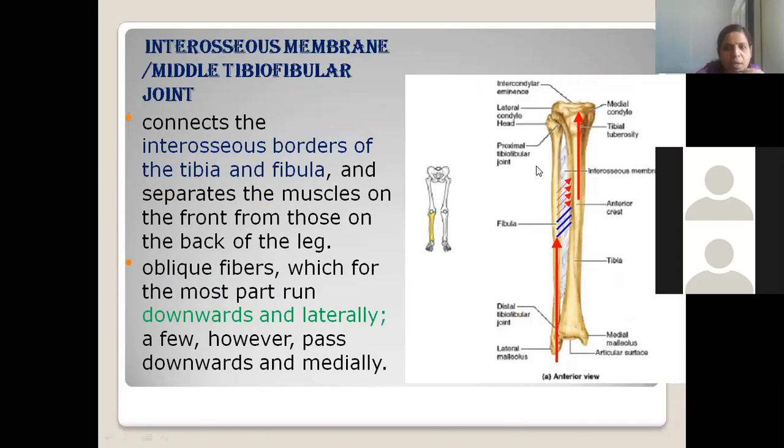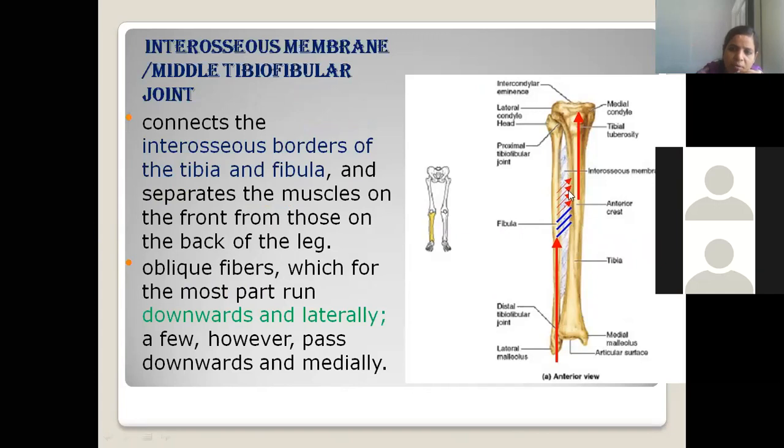Now see here, between the tibia and fibula we have the interosseous membrane. We have just finished the superior tibiofibular joint. Now we are moving to the middle tibiofibular joint, which is nothing but the interosseous membrane. Tibia is the medial bone and fibula is the lateral bone.